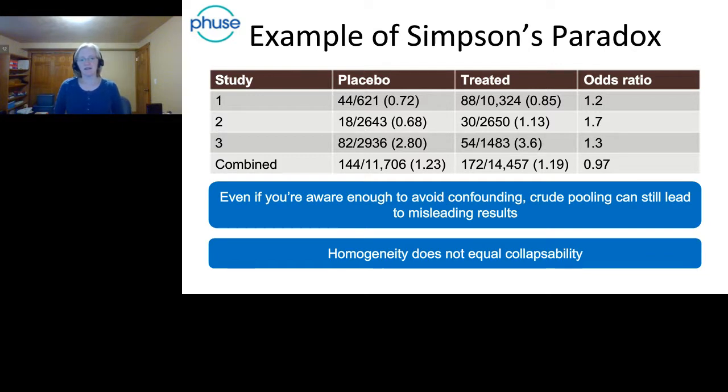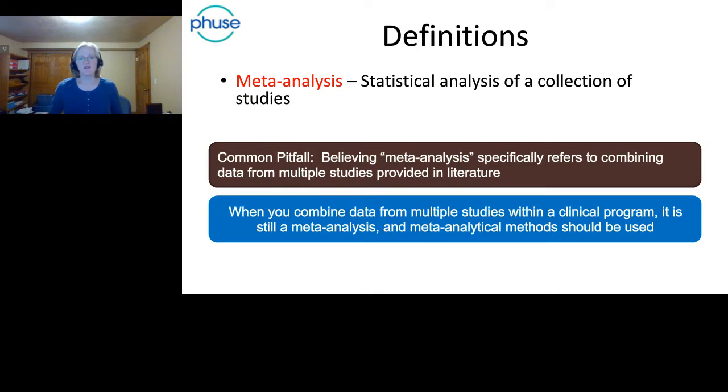This is covered in a lot of statistics courses: homogeneity does not equal collapsibility. That's a very key thing to know. So what do you do? The important thing is that you stratify by study. You need to use a meta-analytical method.